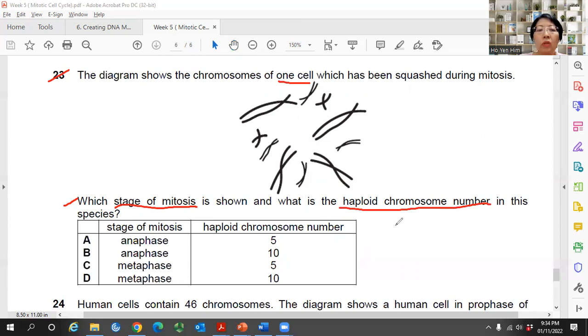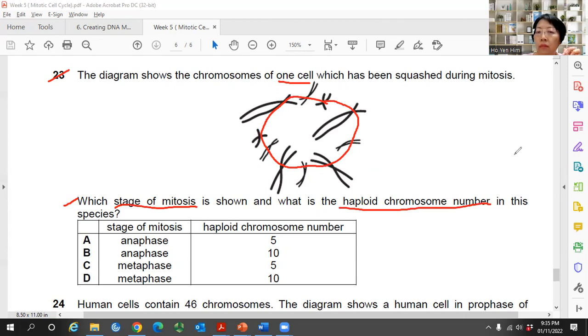So there are two questions here. Which stage of mitosis? Now this is a very interesting arrangement. If you see the chromosomes, they look like they're arranged in a circle, right? It's not a random arrangement. There is a certain pattern that's very clear, which is a circle.